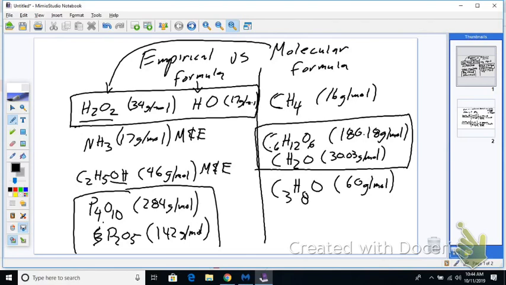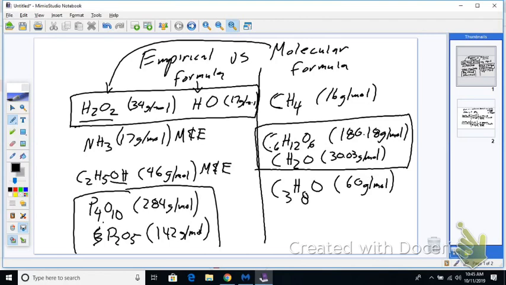So this 17 is half as much as the 34. Or you could say 17 goes into 34 twice. So it's twice the mass. So we double both hydrogen and oxygen, right? So if we double both of them, it just makes sense that we double the weight of it, right? So on this one, is that the case here? On the P4O10. Okay, so we double the number of phosphorus, double the number of oxygens, we double the weight.